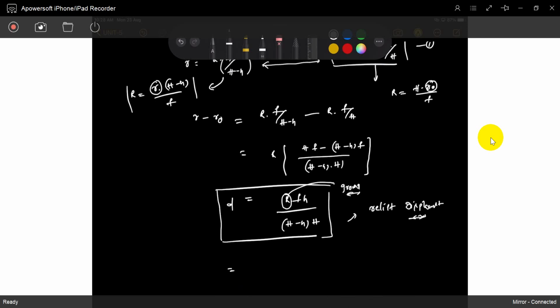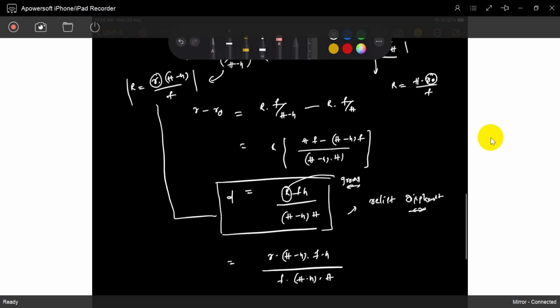Now you can convert it: r h by h. That's it. That is the relief displacement.